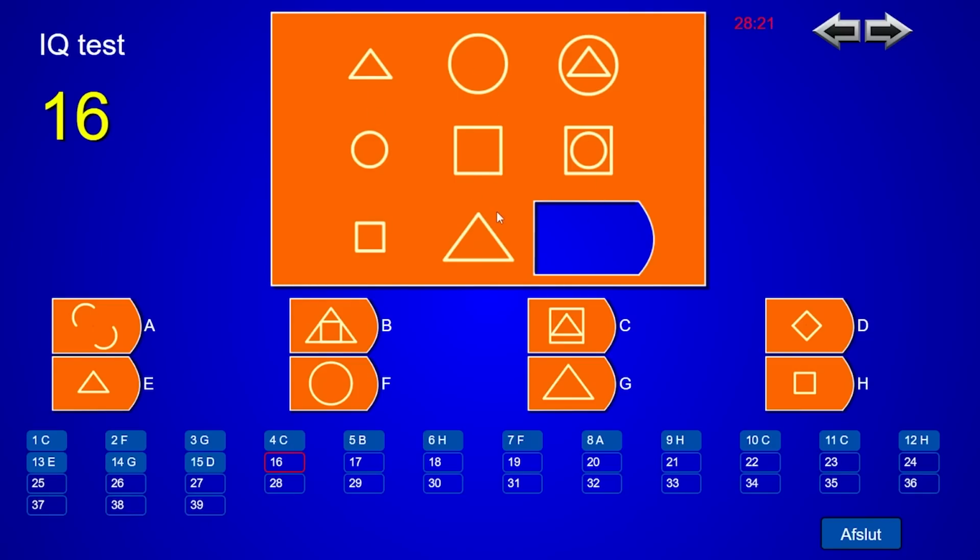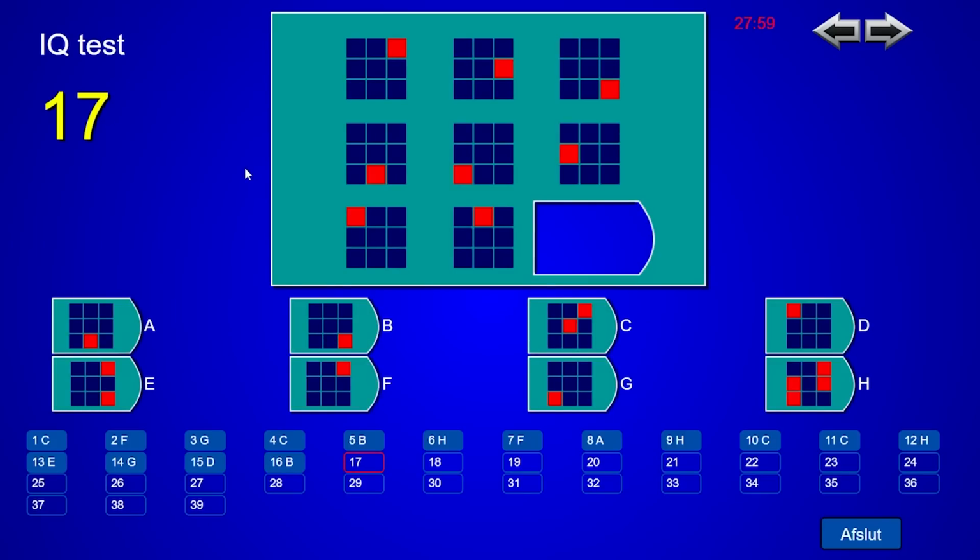So these are small, these are big, these are also big, but they have something inside, so it would be a triangle with a square inside, which is B. It's not C, right? Because we already have the square. So it is B because we need the triangle.